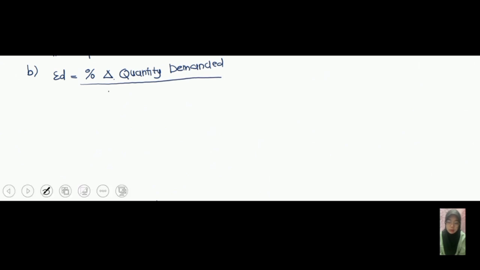So question number B: the formula is elastic demand equals percent change in quantity demanded divided by percent change in price.